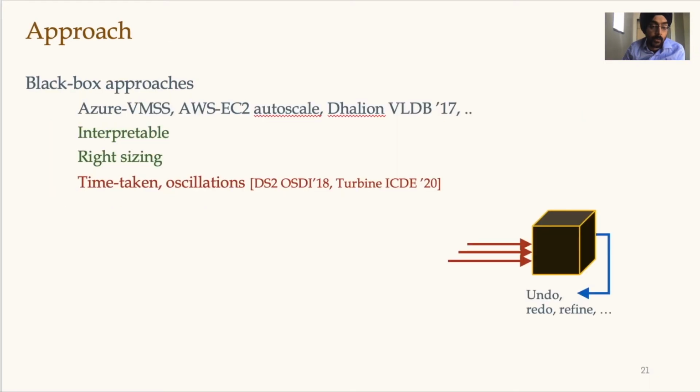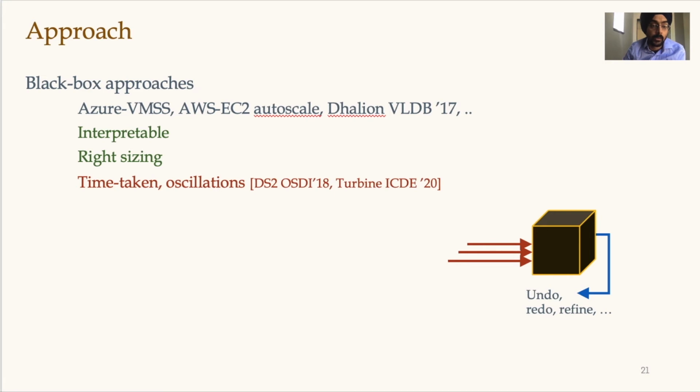So how do we go about building a controller that meets our challenges and requirements? One option is to take a black box strategy, where the controller applies a decision on an app, then relies on refining or undoing or redoing that action. This is similar to how rule-based auto-sizing, or auto-scaling, works for Azure VM scale sets or AWS EC2, where a user defines independent rules for each resource.